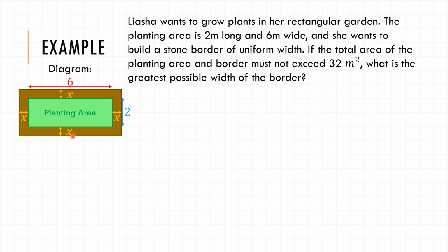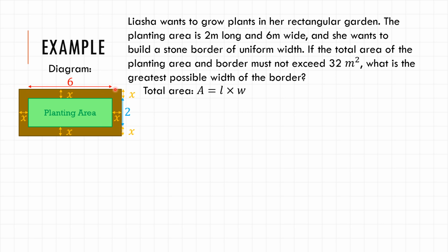Well, this is a rectangle, right? It's a rectangular garden and it's a rectangular border as well. So the total area will be length times width. Okay, now what is the length and width of the total area here? The length is 2. What's this distance? Well, that is x. That's the same as this, right? So this is 2 plus x plus x.